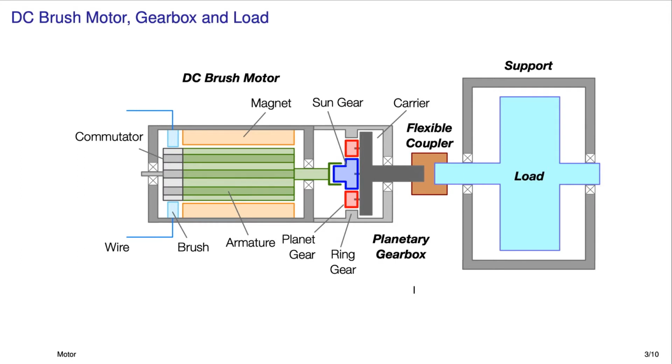Okay, so here we have this load, and it's attached to a gearbox, which is sitting here via a flexible coupler. Now, a flexible coupler in this context isn't flexible in torsion, it's flexible in the vertical plane that we're looking at here. And the reason for that is so that you can have a little bit of misalignment between this and this.